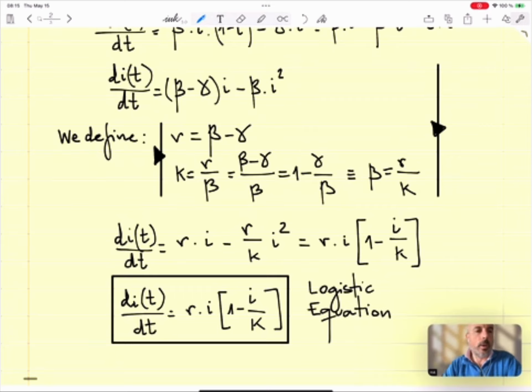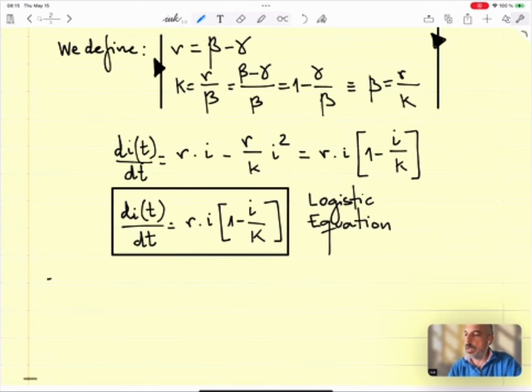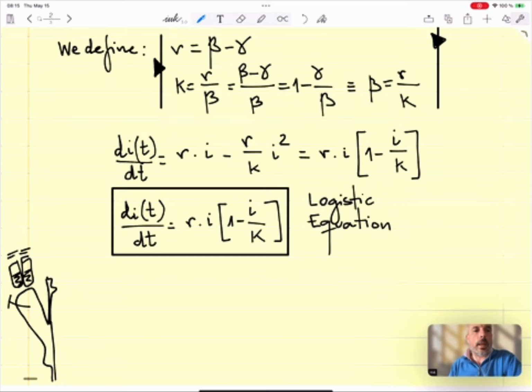The logistic equation. In order to solve this, we need to know two things from calculus. I will make a tiny reminder.